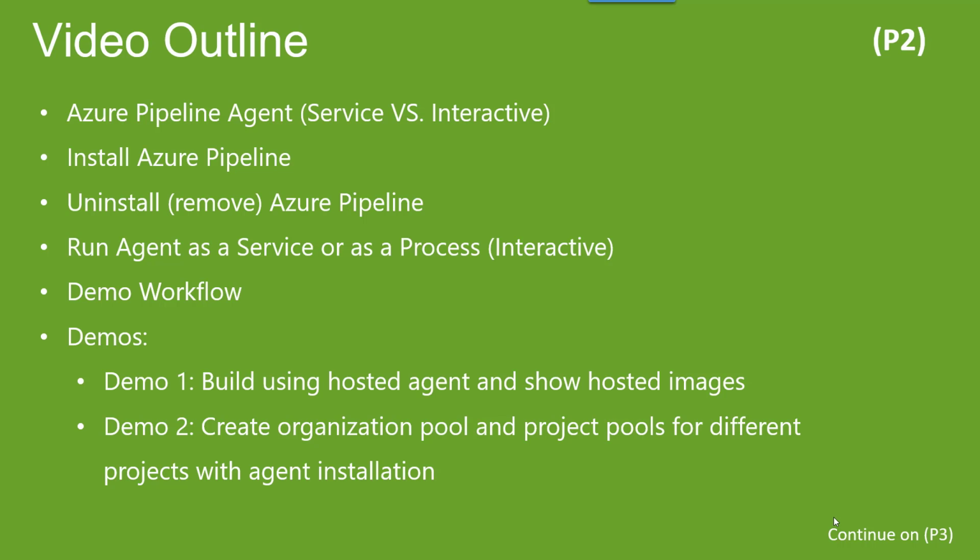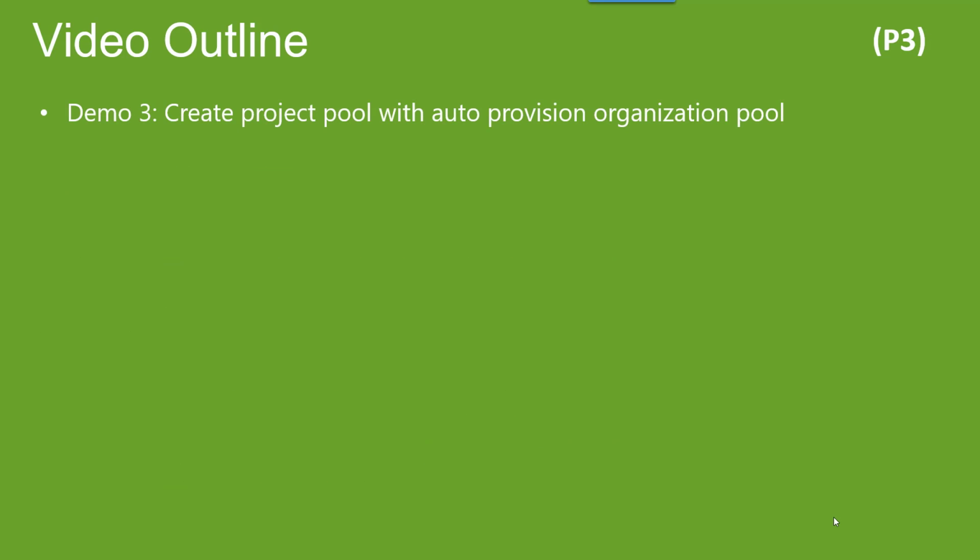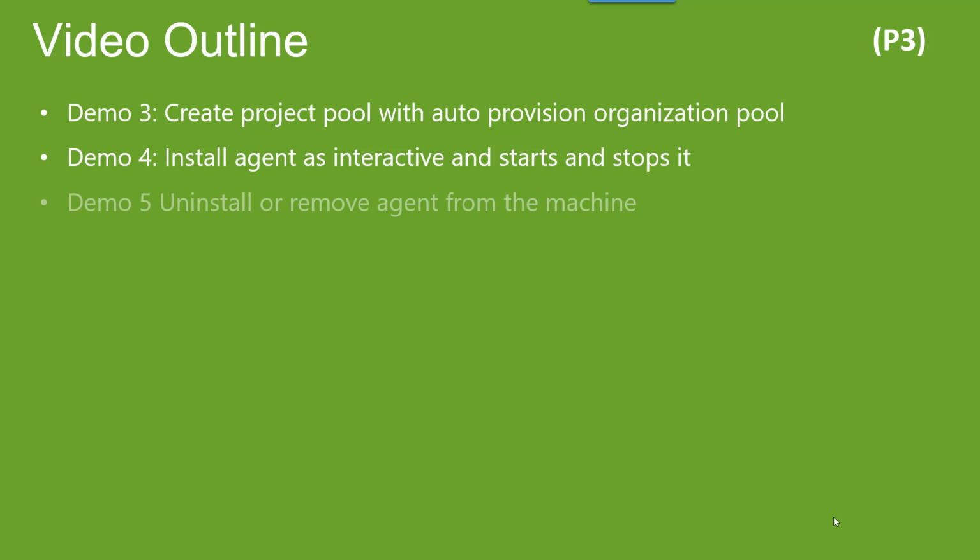The second demo will start creating an organization pool and then project pools for different projects, with an installation of multiple agents on the same machine. To continue in this demo, we will create a pool with auto-provisioning of the organization agent pool and then install the agent as an interactive process, start and stop the agent as an interactive process. Then after that, we will see how to uninstall or remove the agent from the machine.